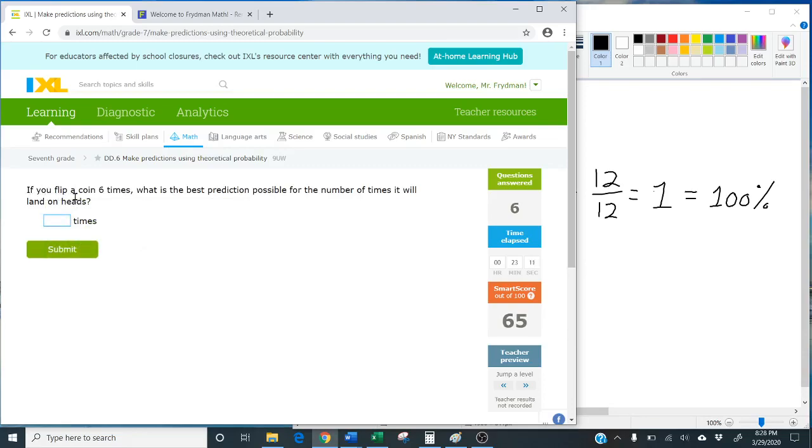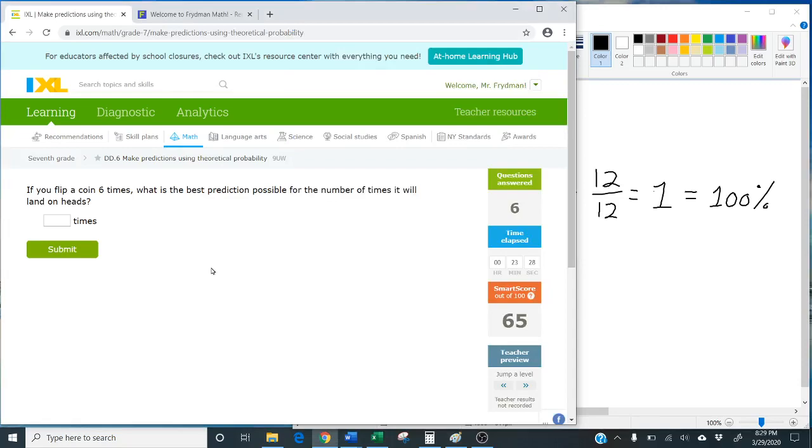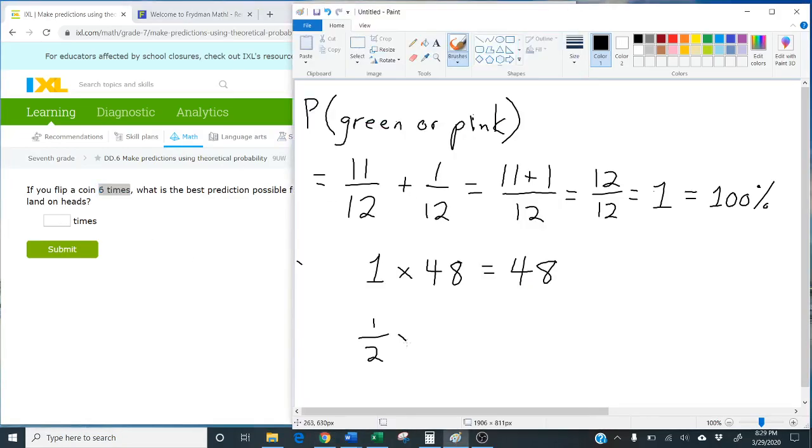If you flip a coin 6 times, what is the best prediction possible for the number of times it will land on heads? I feel like we've done this one before. That would be a half because flipping a coin, I have a 1 out of 2 chance of getting heads. If I do it 6 times, multiply by 6.